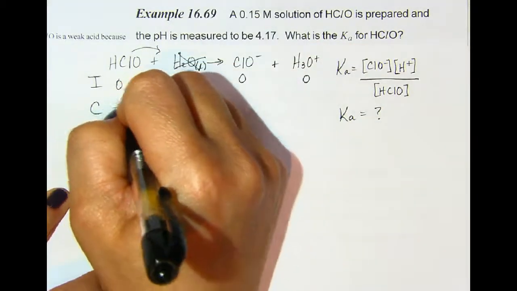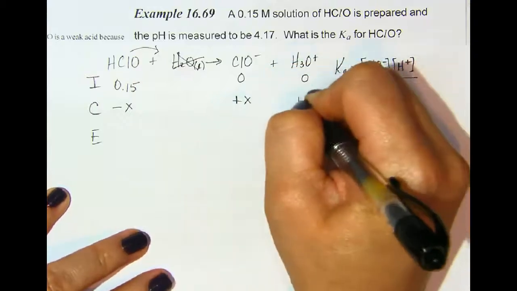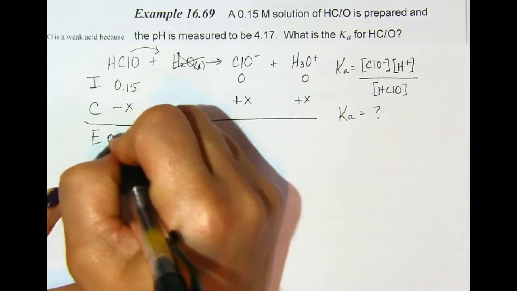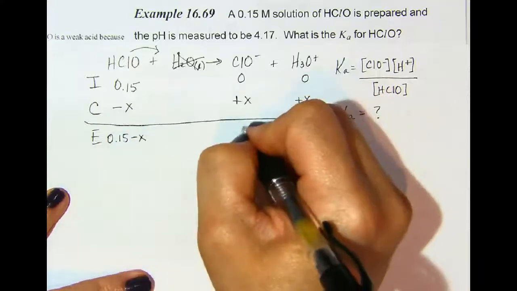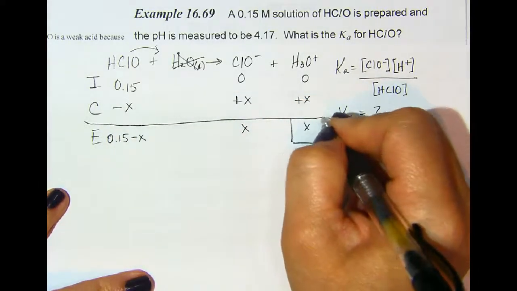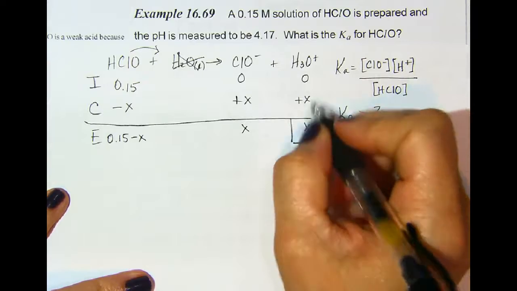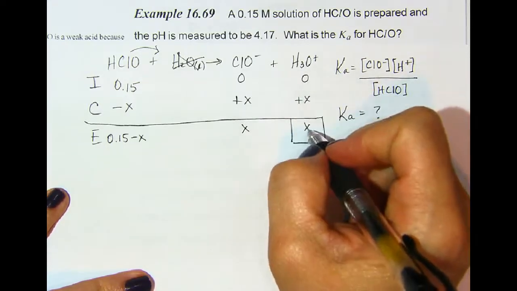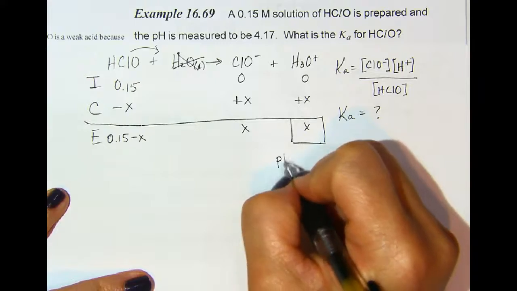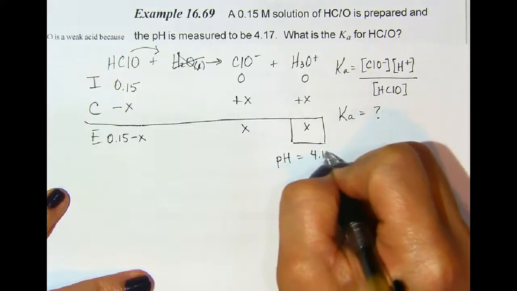We know that the change would be minus x, plus x, plus x. And so at equilibrium this would be 0.15 minus x, this would be x, and this would be x. So we actually have been given the information to determine the amount of hydronium, or what x is. And that can be determined using the pH, which equals 4.17.